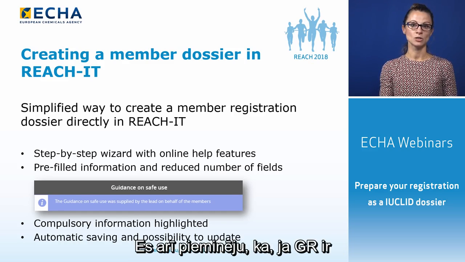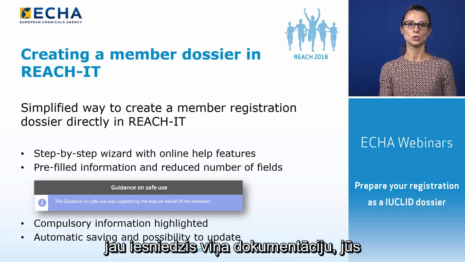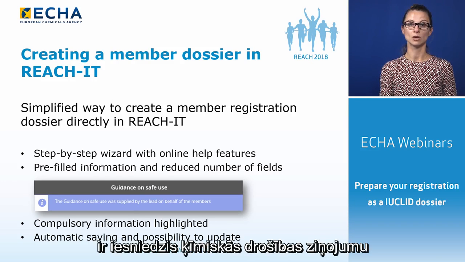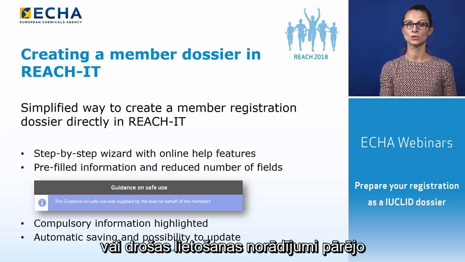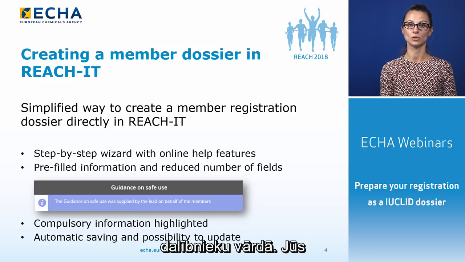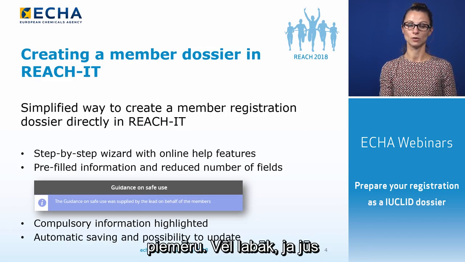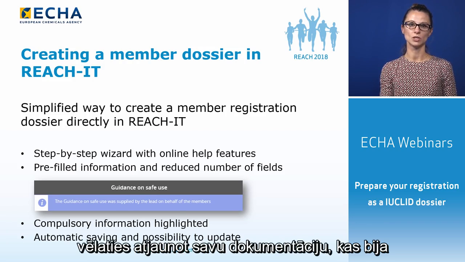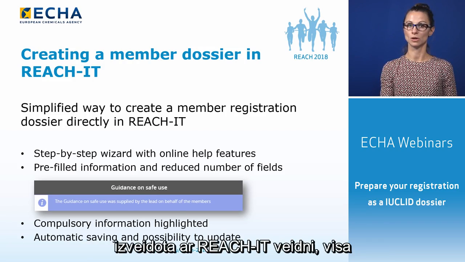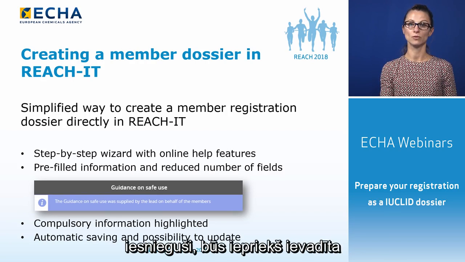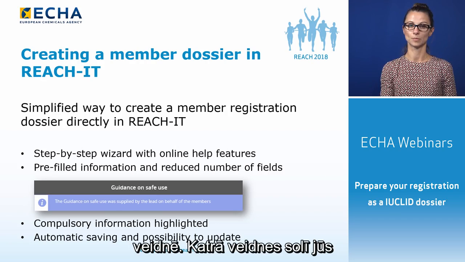I can also mention that if the lead has already submitted its dossier, you will be informed in the wizard if the lead has submitted the chemical safety report or the guidance on safe use on behalf of the members of the joint submission. You can see on the screen an example of such information. Even better, when you wish to update your dossier that was created with the ReachIT wizard, all the information you have already submitted will be pre-filled within the wizard.